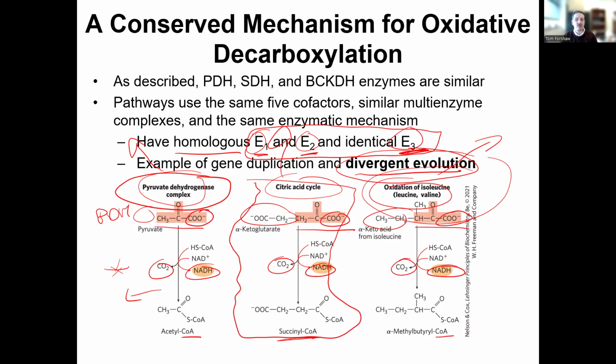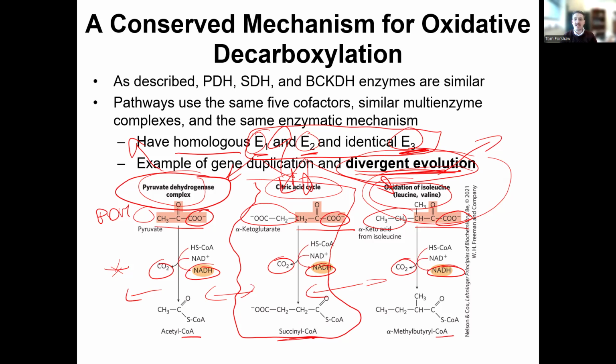The sequence may lead to a similar structure, but there is some difference there to a lesser or greater degree. That difference in sequence is what evolved to give them their specific function of reacting with these different substrates and catalyzing these different reactions. So I wanted to link these together because they are very similar enzymes with similar functions.